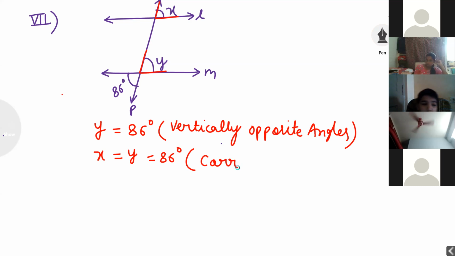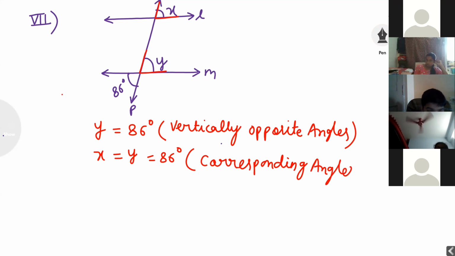F shape angle or 7 shape angle, corresponding angle. In your syllabus only, identification of angles is there. When you go to higher classes, so many experiments are there, how to solve, what to solve. This was the first answer.